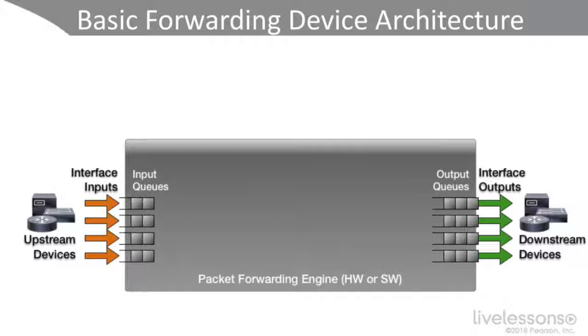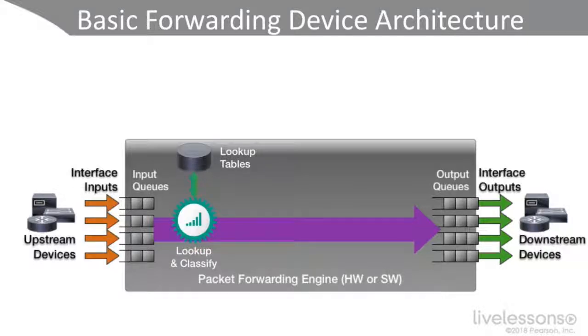In between, we have input queues, output queues, and something called a packet forwarding engine. This packet forwarding engine could be an ASIC, or it could be a software process that runs inside of a router. Typically it is specialized software and hardware to switch packets in and out of the box as fast as we can. So you have this packet pipeline of packets that go in and go out.